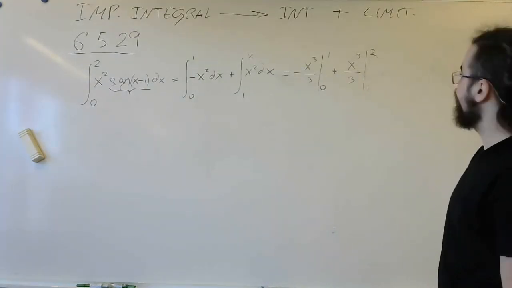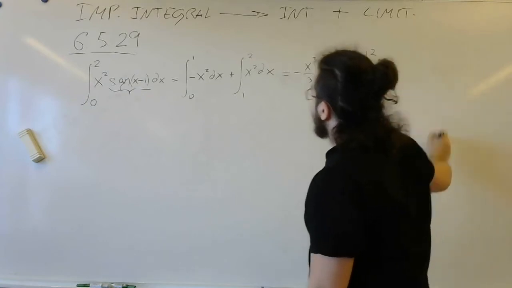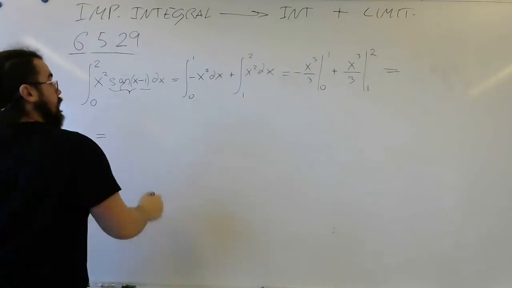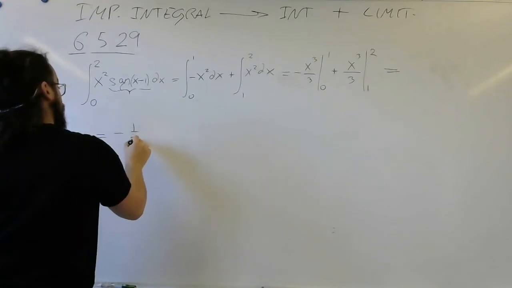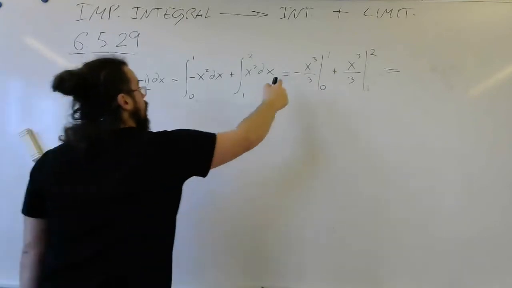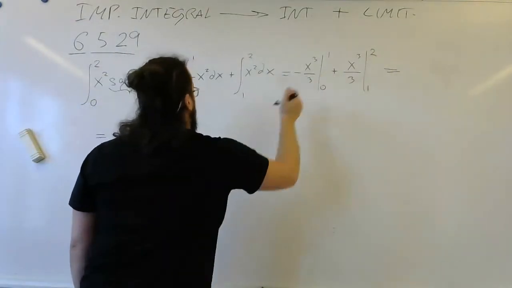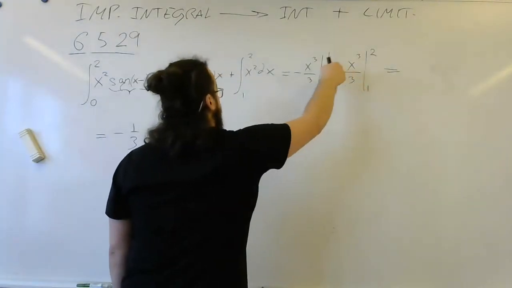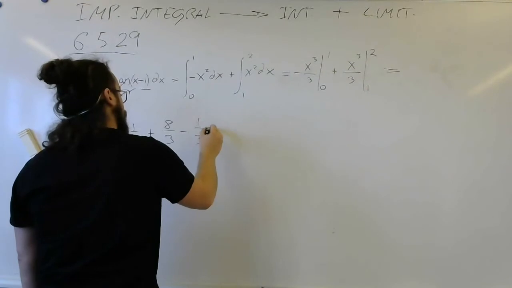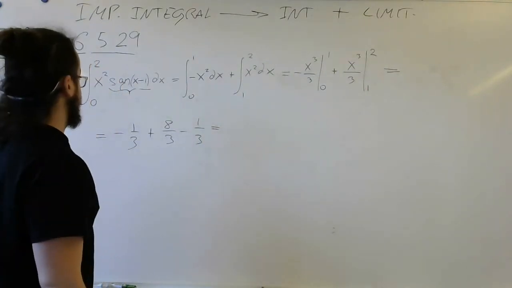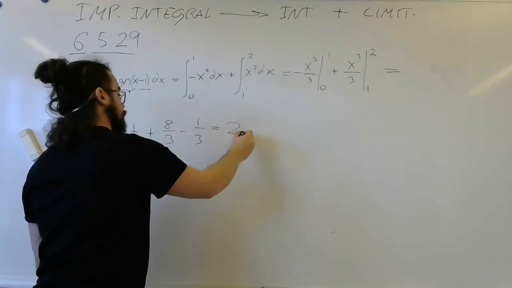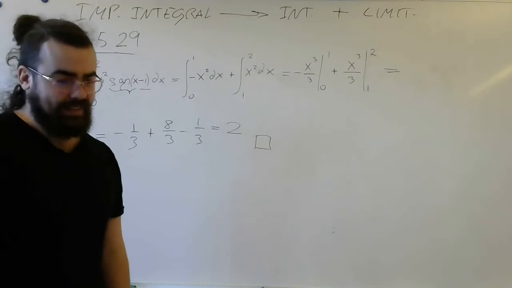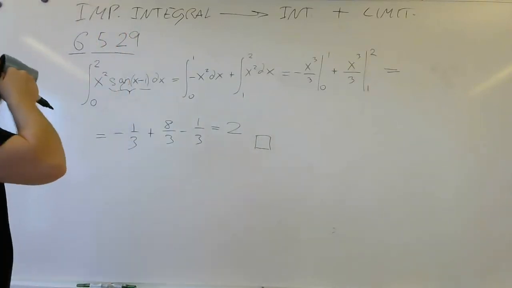That right there. That thing right there is minus 1/3. And now evaluating the second one, plus 8/3 and minus 1/3. So 2. Aha, you were expecting an improper integral. Got you there.